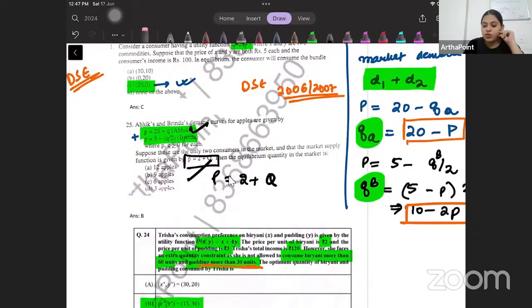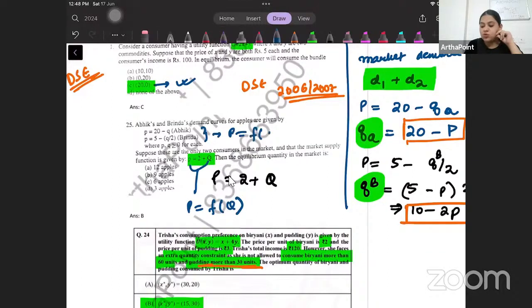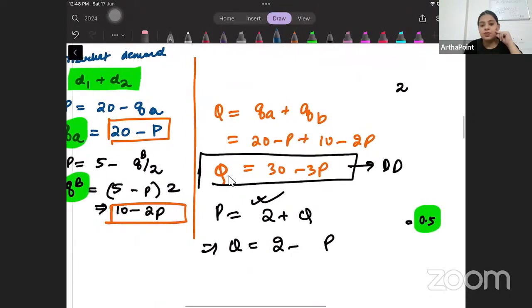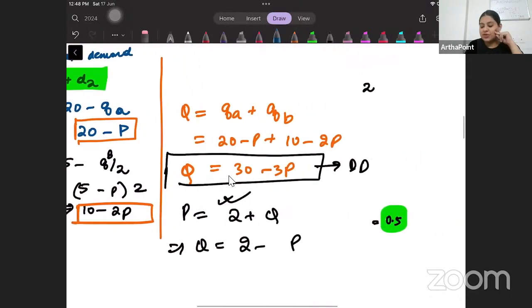In the question, if you notice, this P is equal to 2 plus Q. So P is a function of capital Q. And here P is a function of small q's. So I cannot directly equate them. I have to make this P also a function of capital Q. And that happens here after I add the two demands together. Now P is a function of capital Q.